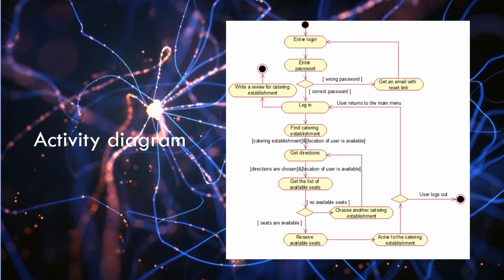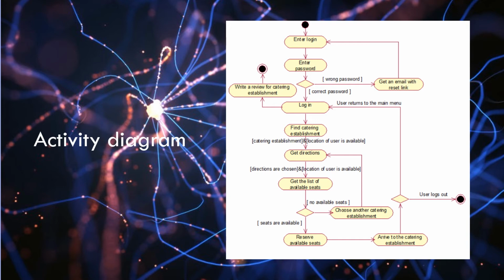If a catering establishment is found and the location of the user is available, then go to get directions. If directions are chosen and the location of the user is available, get the list of available seats. If there are no seats available, choose another catering establishment and go back to get directions.